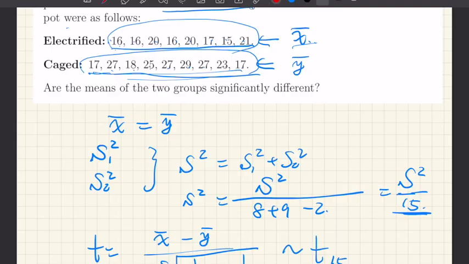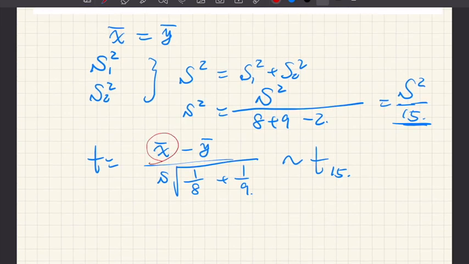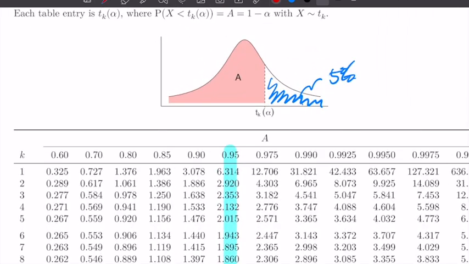In this case, we are actually testing whether x bar is significantly larger than y bar. But what if we don't care about the order, which one is larger or smaller? So x bar is significantly larger or significantly lower, we don't care. In that case, we want to calculate not only one side but two sides, this red region plus this blue region.